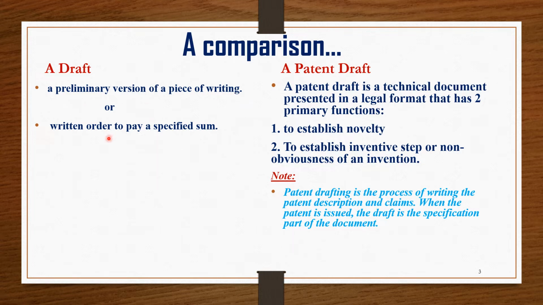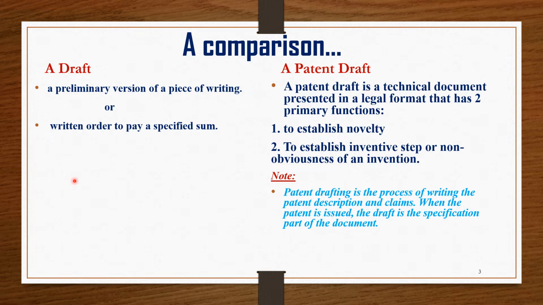Or we can say a draft is a written order to pay a specified sum. Fine. So this is the normal and literal meaning of draft. Now we will go towards what is a patent draft, because this is the demand of our legal world or the world of patents. Fine. Okay. Let us see.